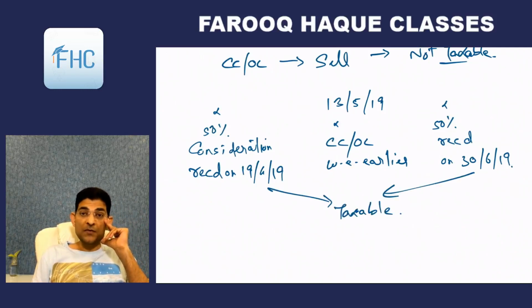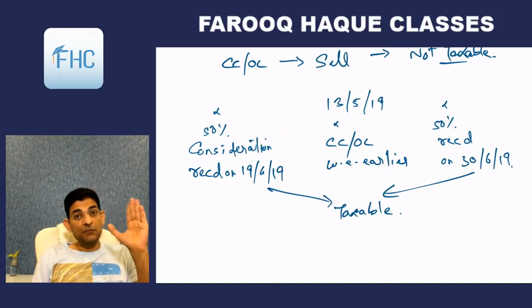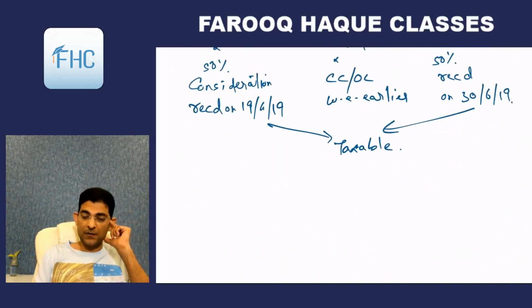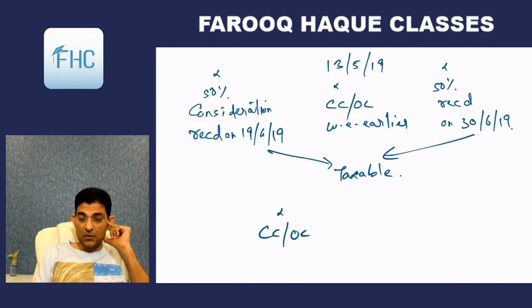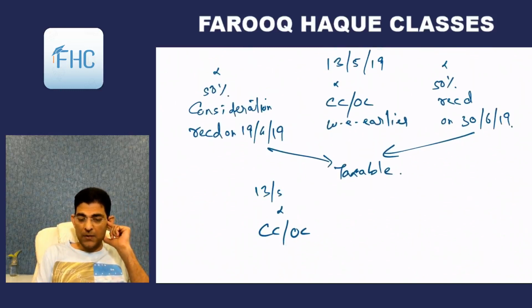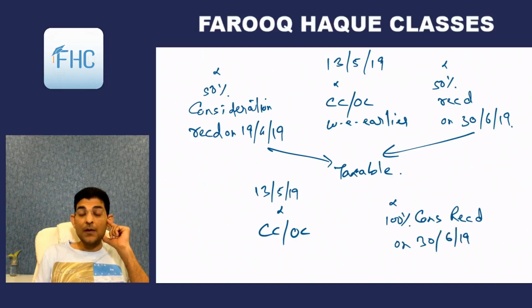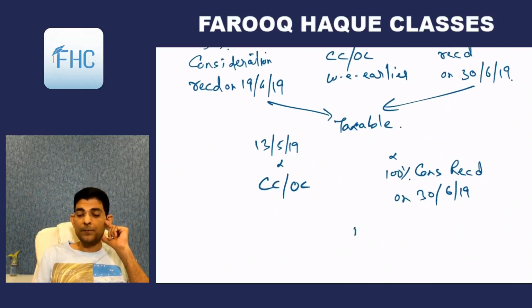It will be called a supply of service, and both the amounts, the amount received before completion as well as the part amount received after completion, both will be taxable. But if the completion or occupation is on 13th May 19, and entire 100% consideration received on 30th June 19, then it is not taxable at all.